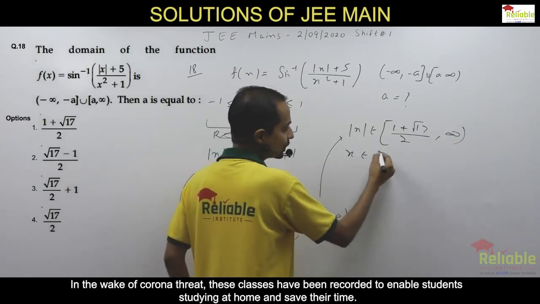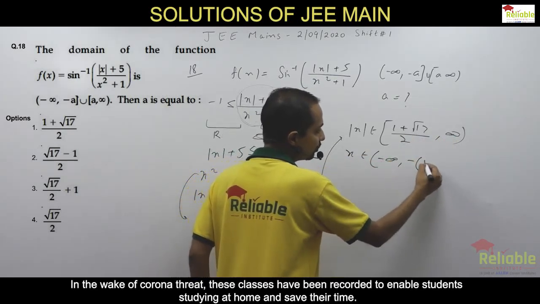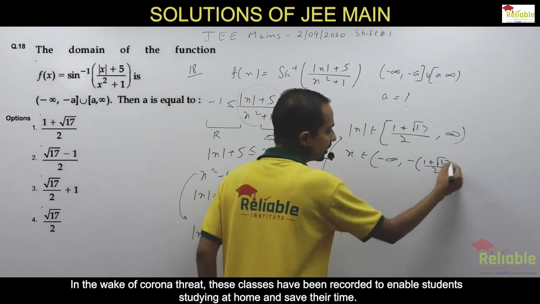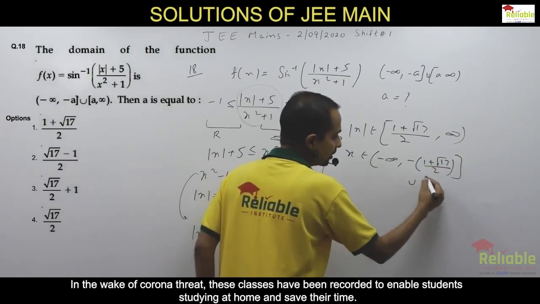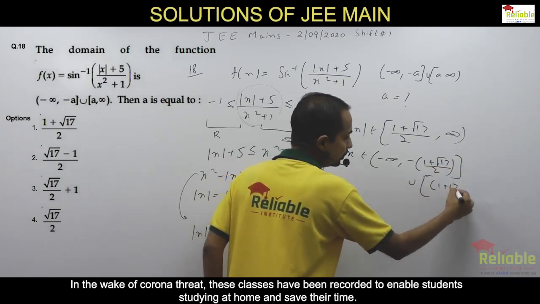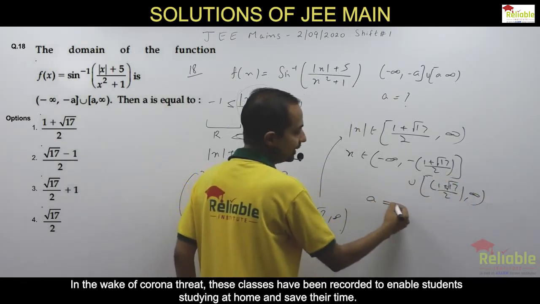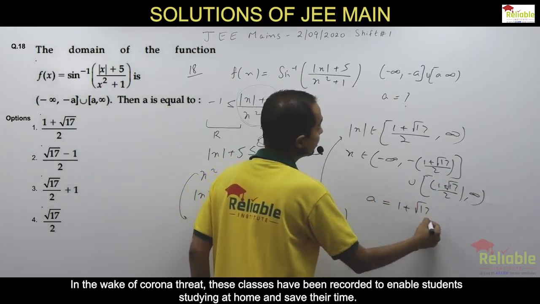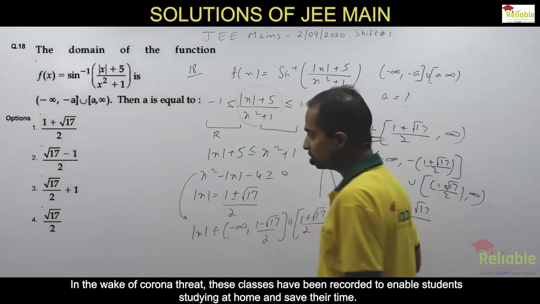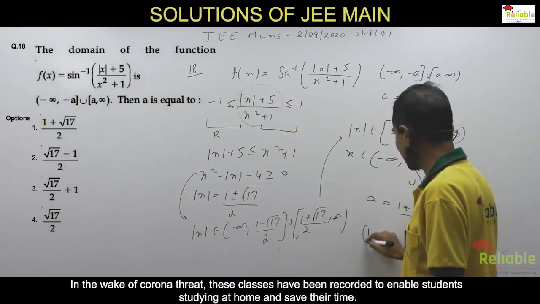Hence x belongs to minus infinity to minus of (1 plus root 17) by 2, union (1 plus root 17) by 2 to infinity. Hence a is (1 plus root 17) by 2. So just mark out first choice as an answer.